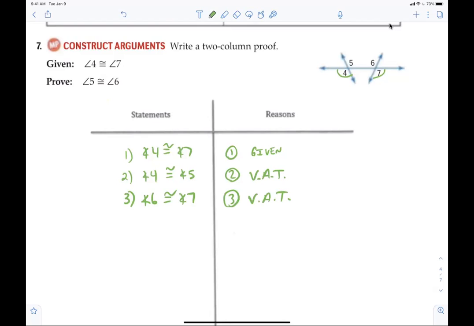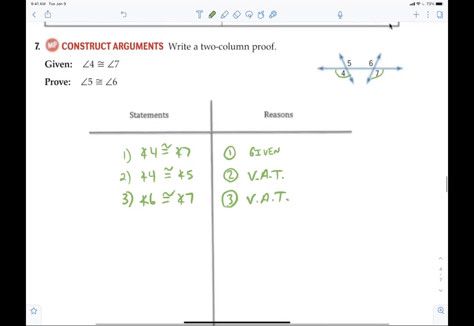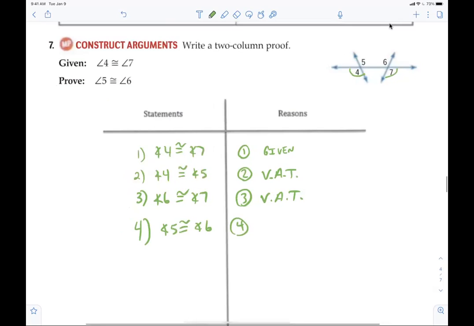So now what? Angle 5 and angle 6 are congruent. Why is that? Substitution. Anybody having trouble seeing that? I don't know why it would be substitution. Watch. What is angle 4 congruent to? 7 and 5.